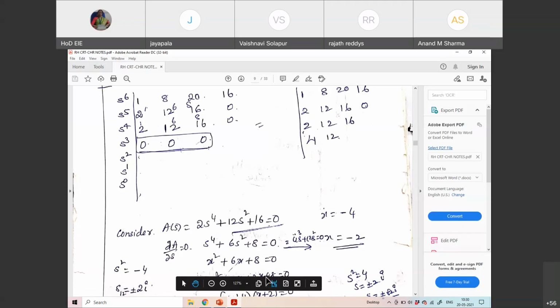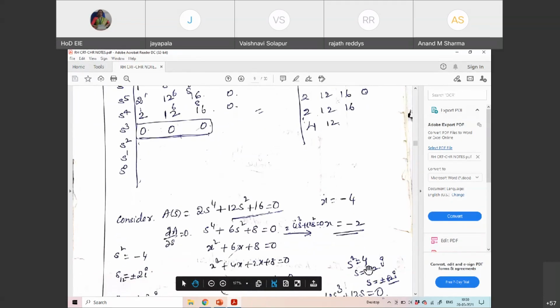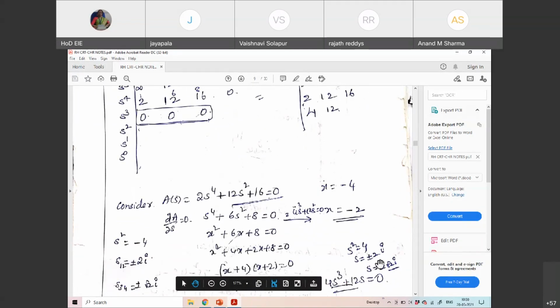But what is x? X is s square. So I got the roots as s square is equal to minus 4, one set, s square is equal to minus 2, one set. That means I have 4 roots. What are the 4 roots? s square is minus 4, so s is equal to plus or minus 2j.